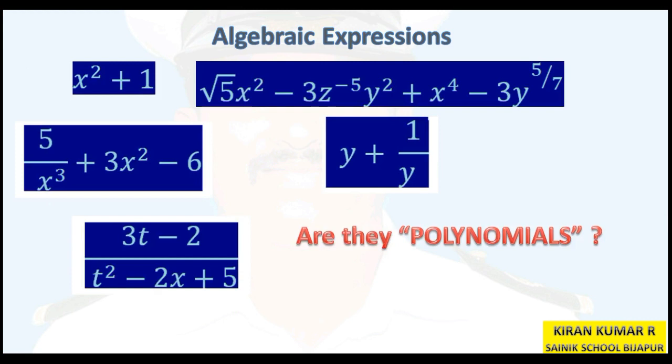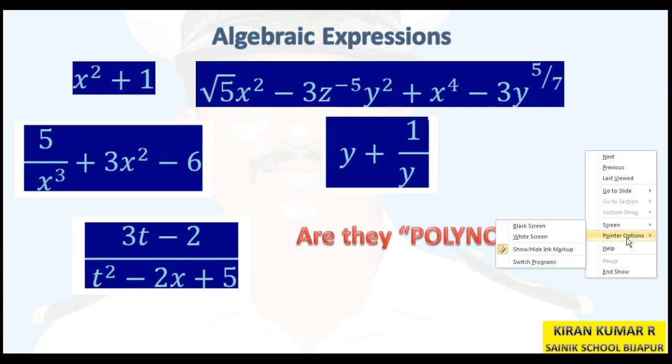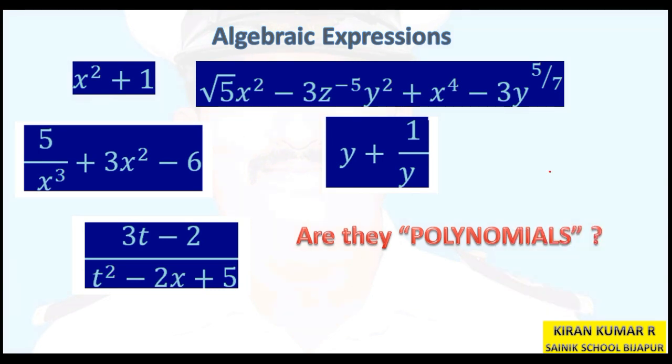It's a very important concept. Listen carefully. We have to look at each variable and power of the variable. If the power of the variable is a non-negative integer, same as whole number.